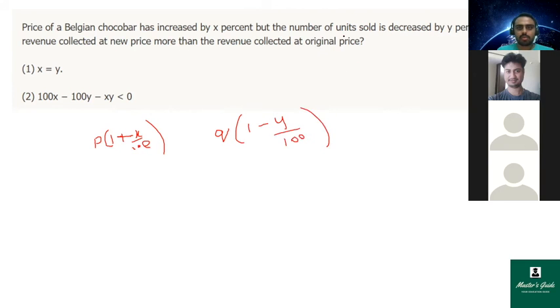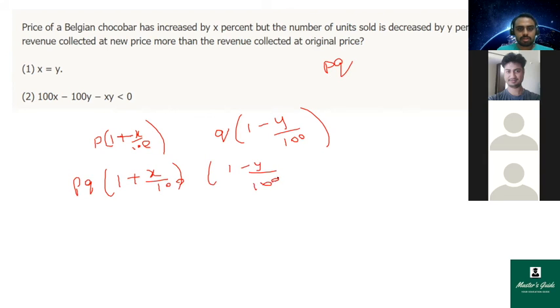So your original revenue is PQ. Now your revenue is PQ into 1 plus x by 100 into 1 minus y by 100. Now you want to determine the revenue collected at the new price.